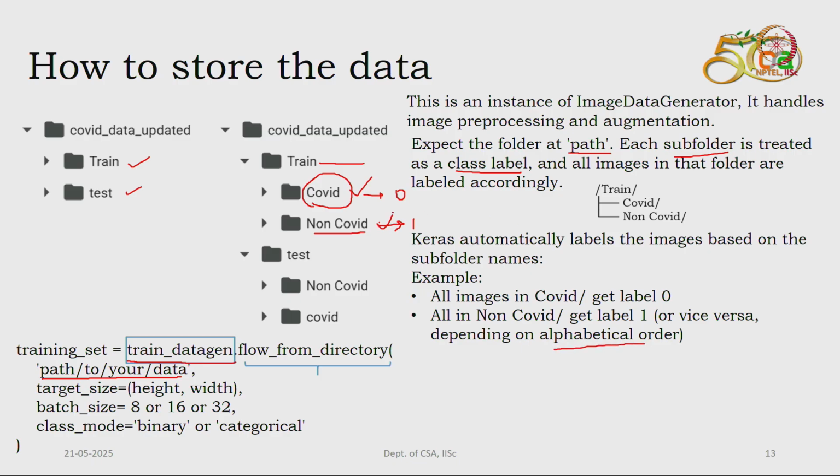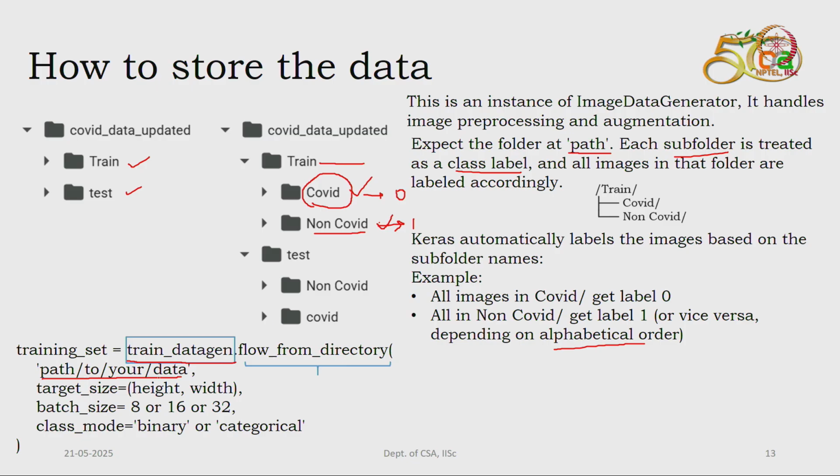Not necessarily that COVID always gets 0 and non-COVID 1; it can be vice versa, based on alphabetical order. If COVID comes first, it gets one label, and next comes N, so all the images stored there get the value of the other class. So, this is what flow_from_directory does.